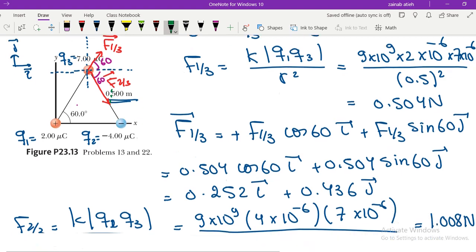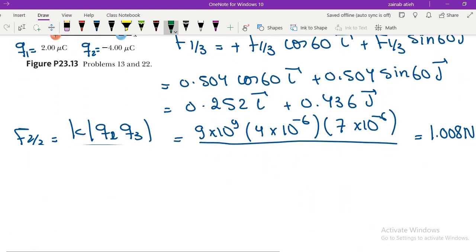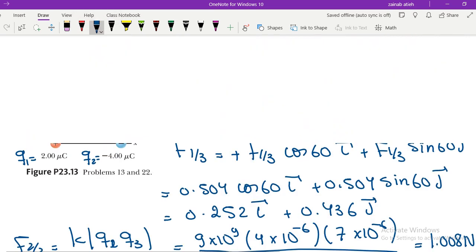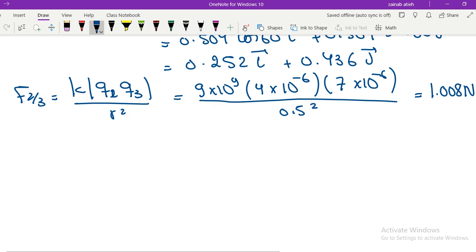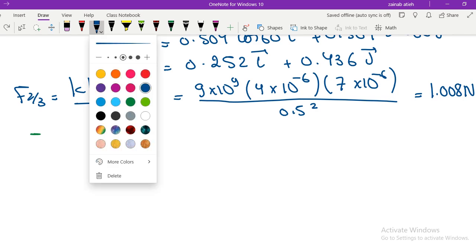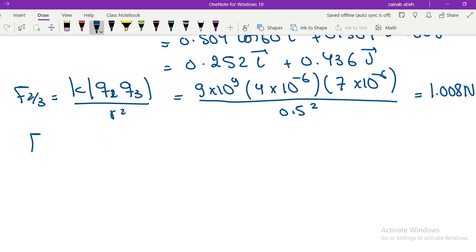So let me write F2 on 3 as a vector. F2 on 3 is equal to plus F2 on 3.